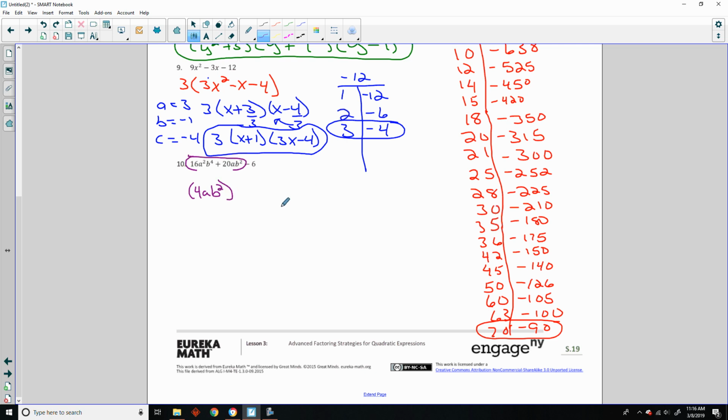And if I square that, 4 squared is 16, a squared is a squared, b squared to the squared is b to the 4th, plus, now if I have 4ab squared again, what did I have to factor out to get that? A 5. And then we have our minus 6 over here.